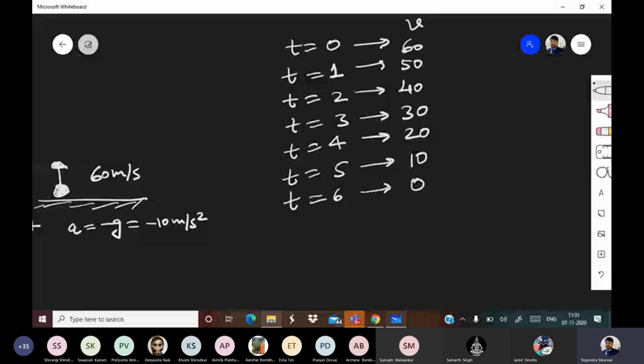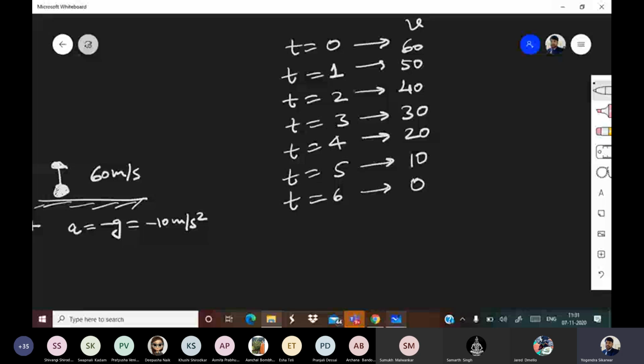After 5 seconds, 10. After 6 seconds, 0. So all of you have done this very easily and comfortably in your mind without using pen and paper, right? I have written this using pen and paper just to show you how it can be done. You don't need to do that. You can do it in your mind.